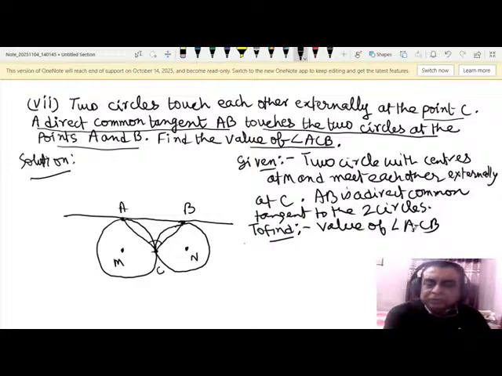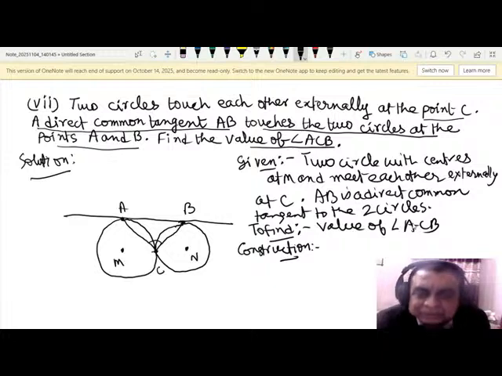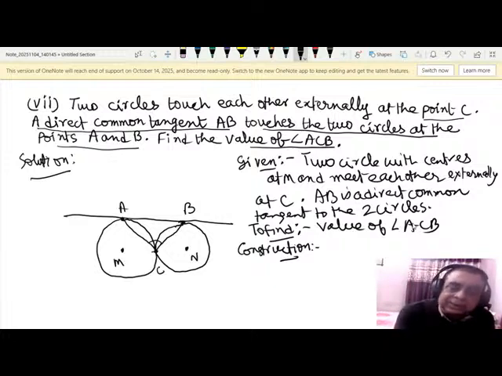Now how will we do this sum? See here. For doing this, we need one construction. Now what construction? When two circles touch one another, either externally or internally, then the meeting point of the two circles and the two centers of the two circles are all in a straight line.